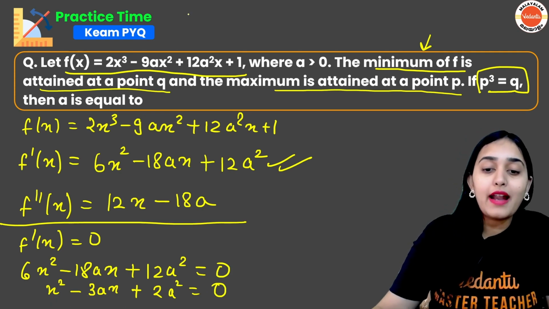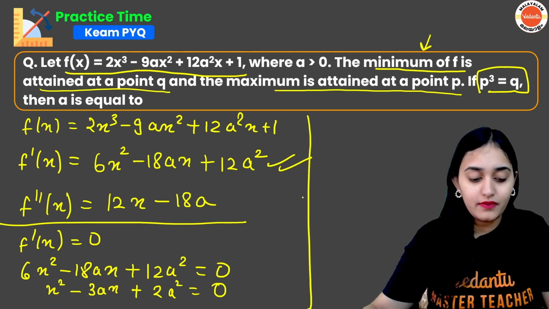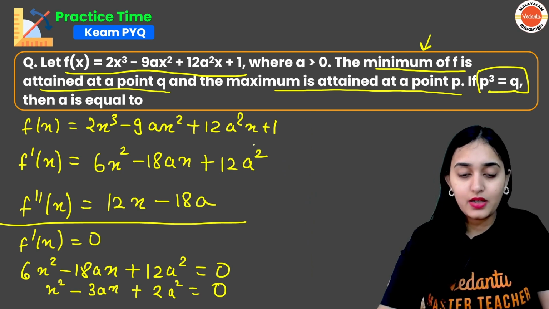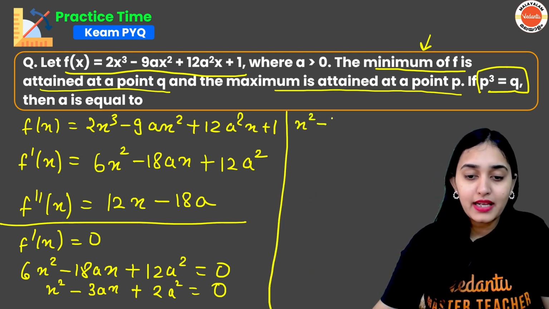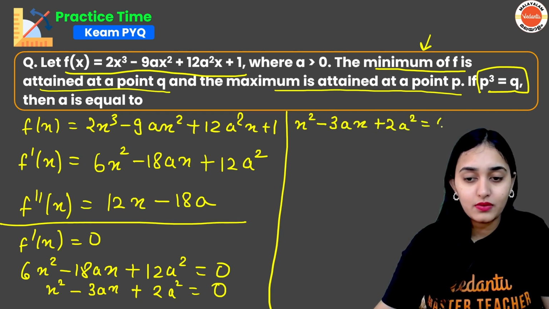Now this is a quadratic equation. So I will just solve it like a quadratic equation. So x square minus 3ax plus 2a square equals 0.